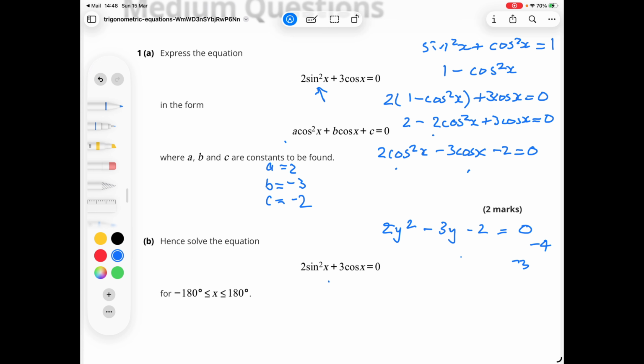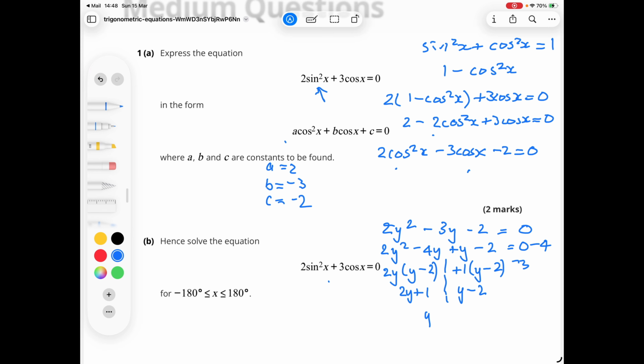So let's go 2y squared minus 4y plus y minus 2 equals 0. That means we have 2y(y minus 2) plus 1(y minus 2), so that's (2y plus 1)(y minus 2).